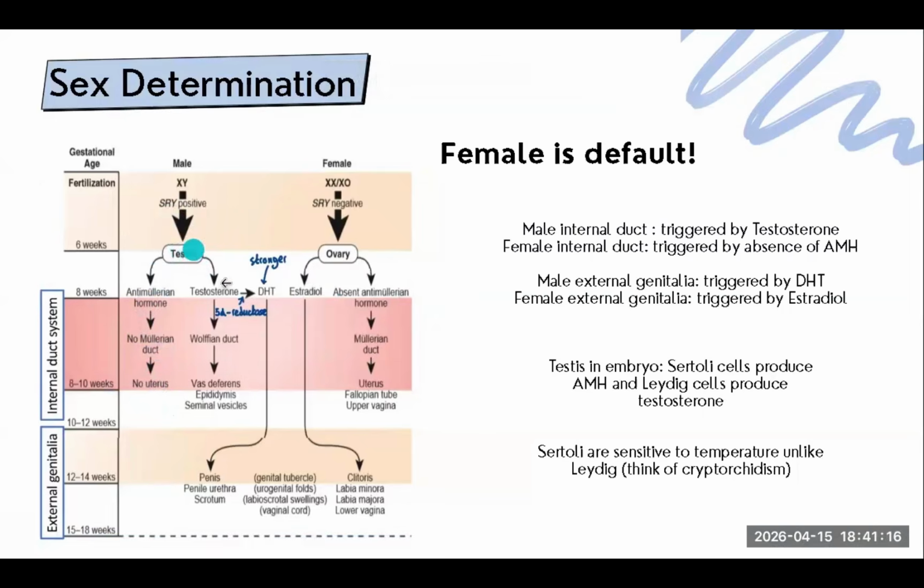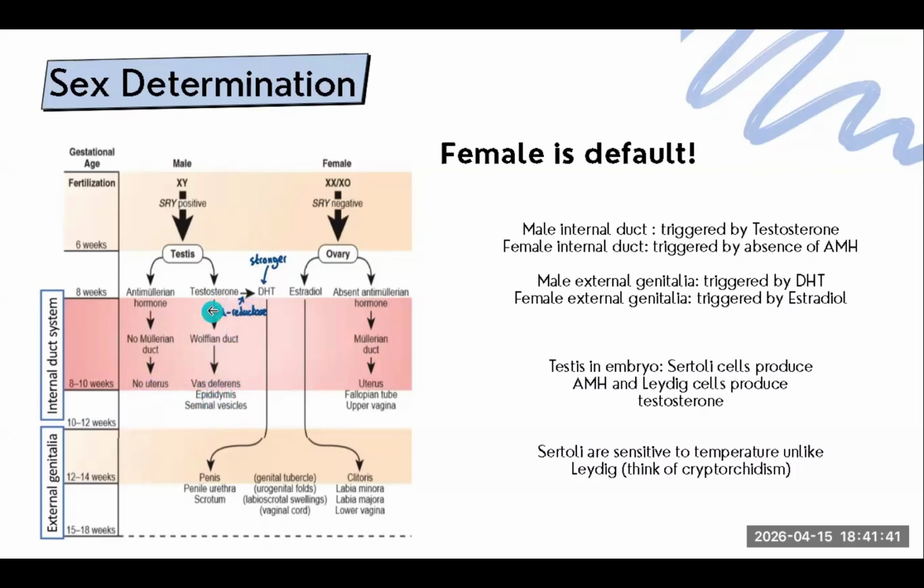The testes would also produce testosterone. Normally, it should stimulate the Wolffian duct to form the male internal duct. However, we mentioned that there is no androgen receptors. And so we would not have Wolffian duct proliferation, and so we would not have a male internal duct too. So no female internal duct, no male internal duct, no internal duct at all.